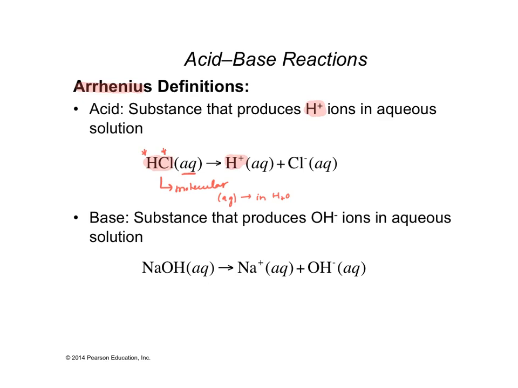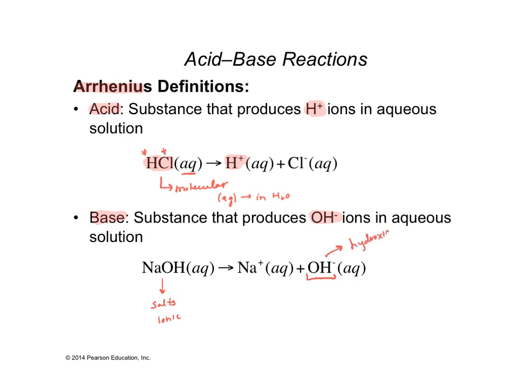On the other hand, we're going to be dealing with bases also in this class of reactions. So we're going to be dealing with acid-base reactions. Well, what is a base? So the Arrhenius definition for what a base is: something that produces OH minus ions when you put it in solution. So these things tend to be metal salts, right? So ionic compounds. So these are salts or ionic compounds that specifically contain this guy, OH minus, which is hydroxide, right?